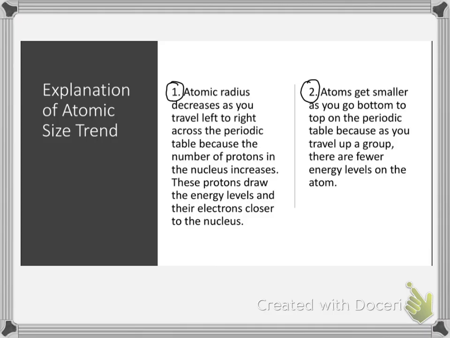Then you can think the opposite. If you're at the top of the periodic table, there are fewer energy levels, and so the atom is going to be smaller. So that's one trend, atomic size. And at the end, I'll put all of them on one periodic table where you can kind of see.